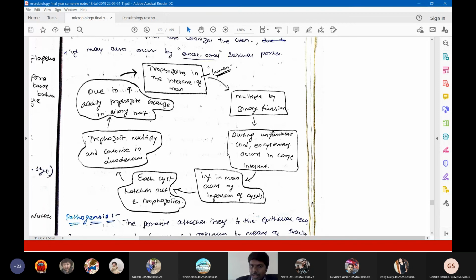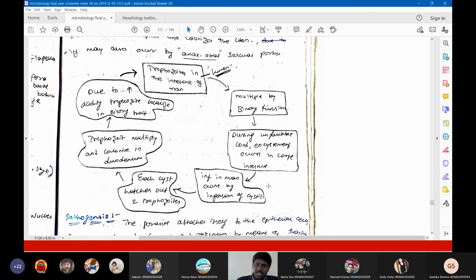Then after that, during unfavorable conditions, these trophozoites will convert to cysts, and the cysts will be discharged. See here, during unfavorable conditions, encystation happens. Encystation means the trophozoite will convert to a cyst, and infection in man occurs due to ingestion of the cyst. So this cyst will be discharged in the stools or in the water.